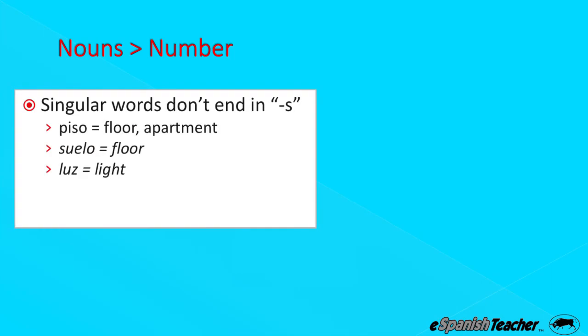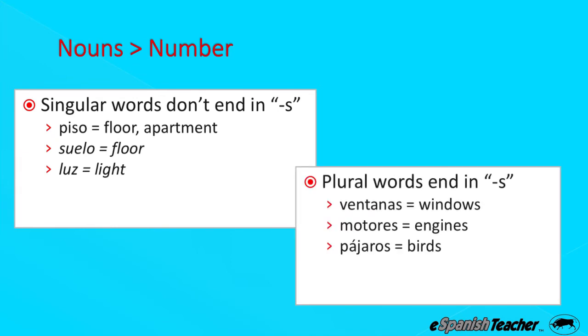Now let's talk number briefly. Singular words don't end in s. So piso, suelo, luz. These are nouns that are singular, meaning they don't end in s. Conversely, plural words do end in s. Ventanas, motores, pájaros. Okay?